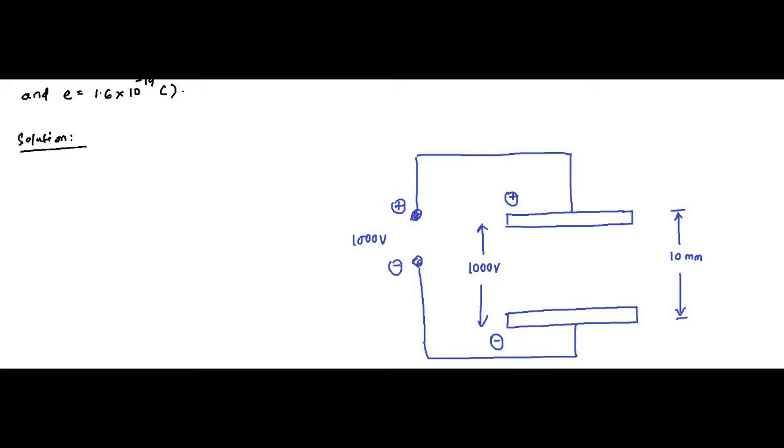Then it is given that we have an oil drop, a negatively charged oil drop. Yes, negatively charged oil drop. Okay, so we have a drop, negatively charged, which is held stationary in between these two plates. That is, no motion, no movement up and down or sidewise, no movement of this oil drop.